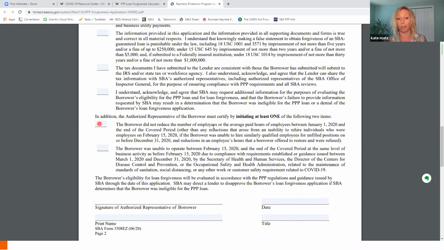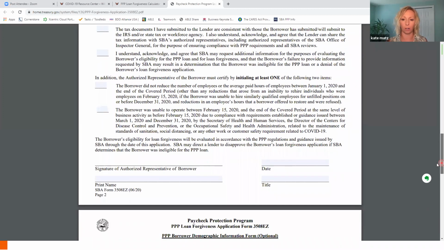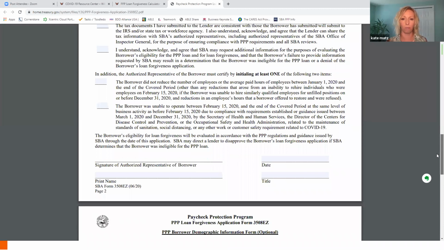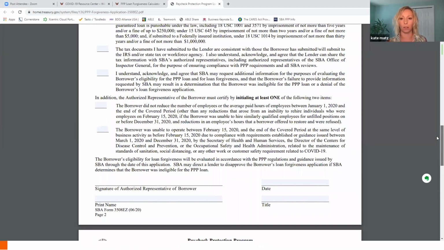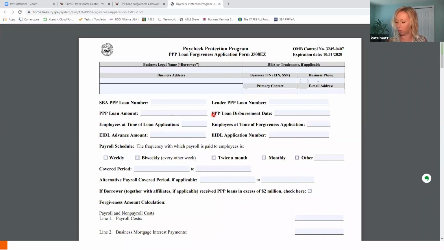They don't have any employees, so they didn't reduce any employees. Sign and date. So that's really it as far as what it would take to fill out the calculator and then the application for a company that is a Schedule C with no employees.